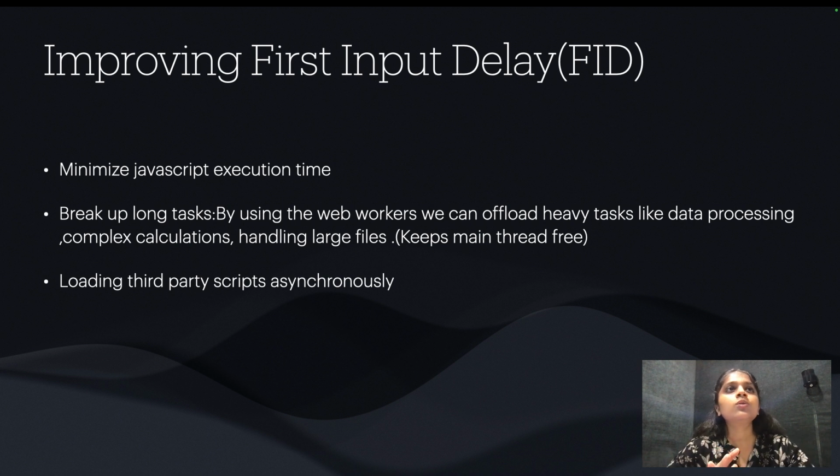We can break those into small chunks so that our main thread will always be free while loading all those things. We can also use web workers to offload our heavy tasks. And the third one is using the async or defer attributes to load our scripts asynchronously.